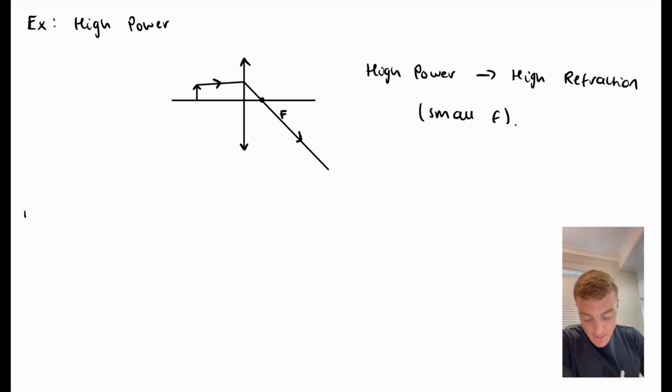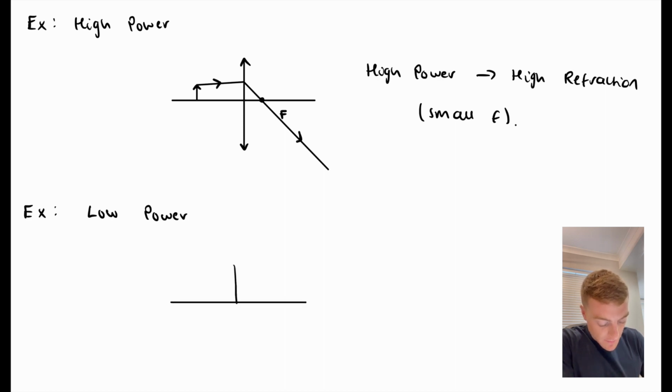Okay. Next, let's go on to a low power lens. And let's compare the differences. So again, let's draw a ray diagram for a convex lens. Just place my object. Now this time, we're going to place the focal length really far from the lens. So we've got a much longer focal length. So I'm going to draw my parallel ray.